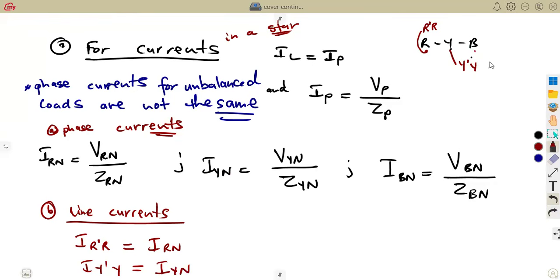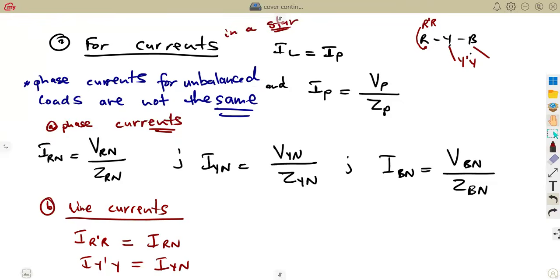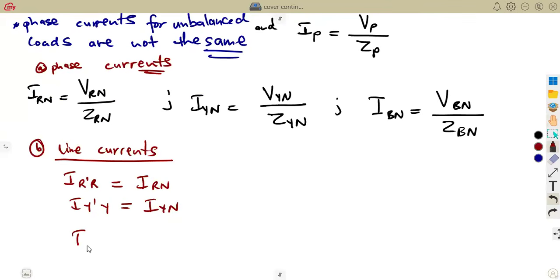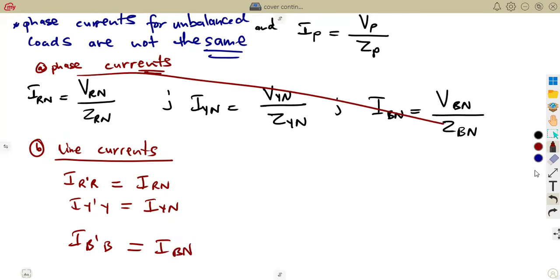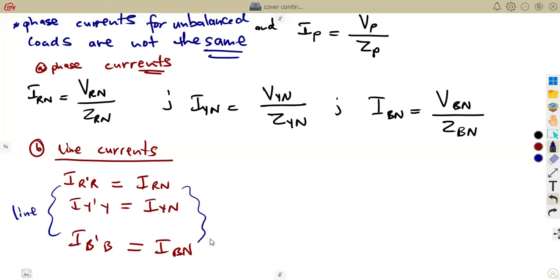The current for the blue line is the same as the current for the blue phase. So this is how you calculate your line values, guys, your line currents. These are line currents, and on this side, these are phase values, phase currents.